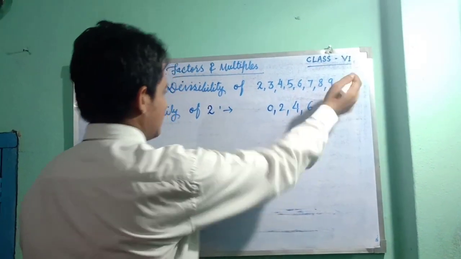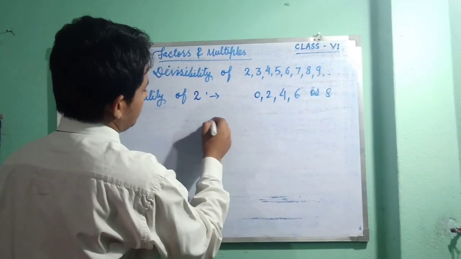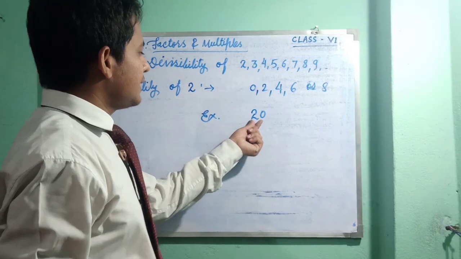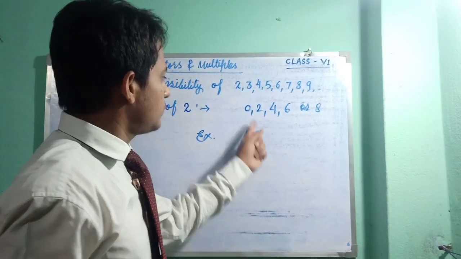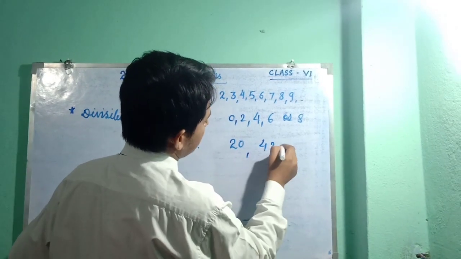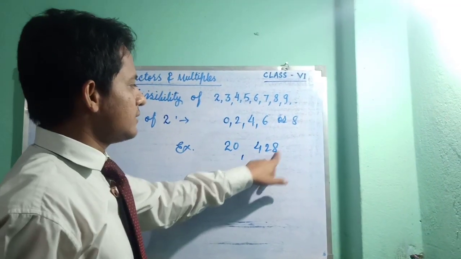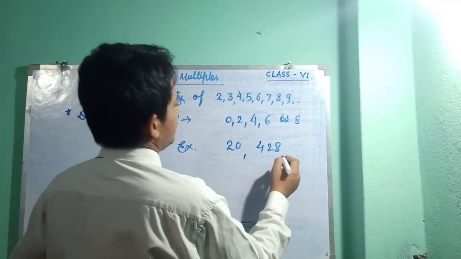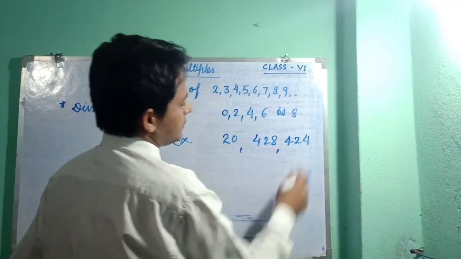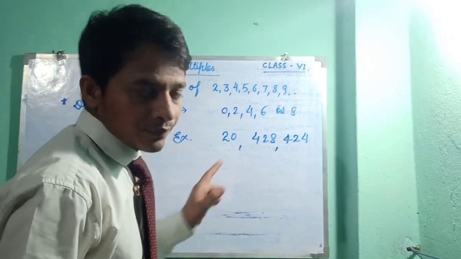Okay, now let us figure it out with the help of examples. Suppose 20. Here the ones place is 0, so this is divisible by 2. Next example, here the ones place is 8, so this is divisible by 2. Suppose the ones place is 4. This is also divisible by 2.